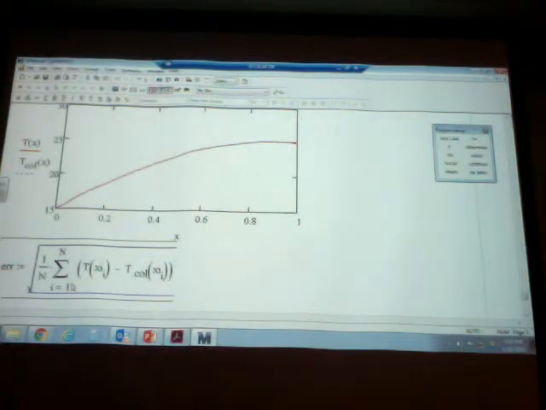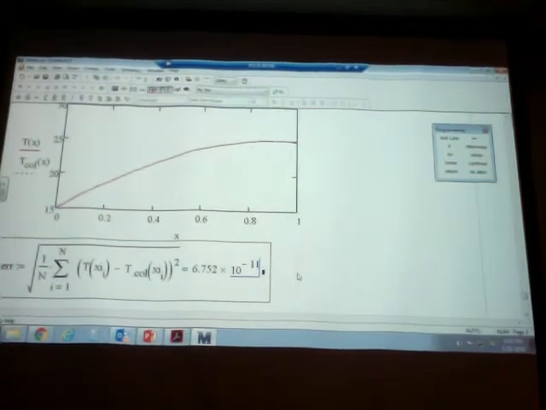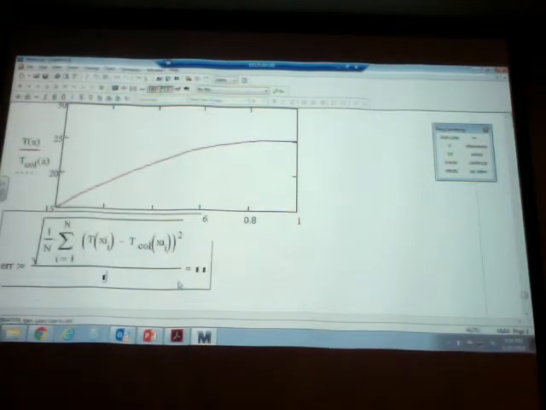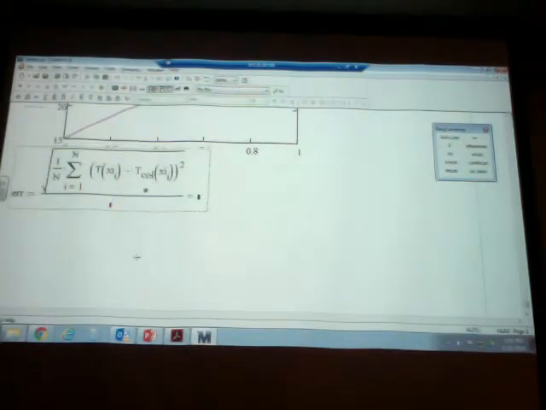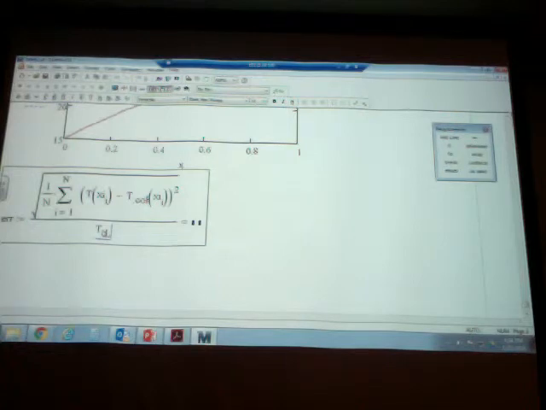Okay? I can say equal, and the standard deviation is 10 to the minus 11, so it's pretty good. If I want to normalize that standard deviation, this normalized error, I can say that this is divided by, again, divided by, well, let's do TL minus T0. Okay?